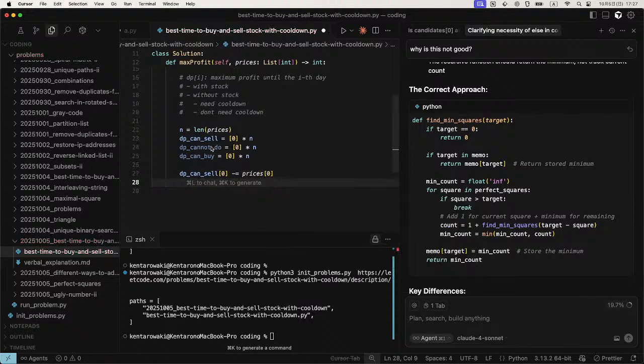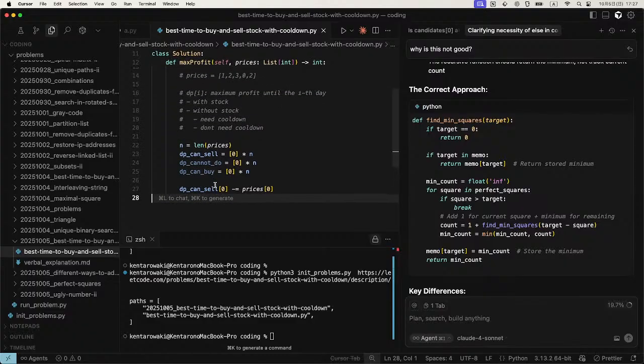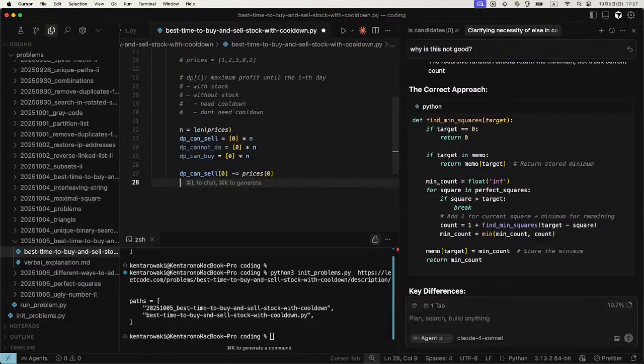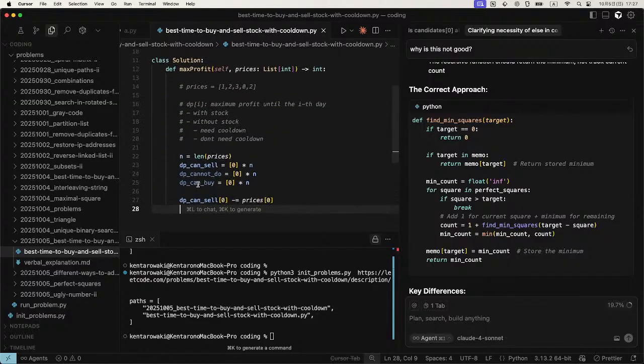Okay, and this is, yeah, we don't have to do these two states for these two states.